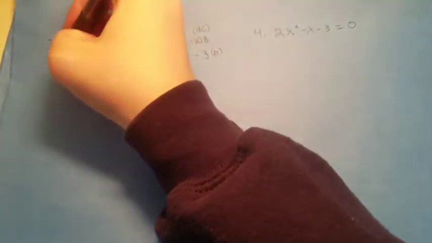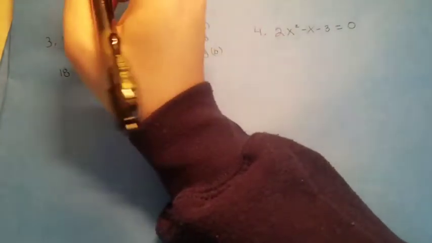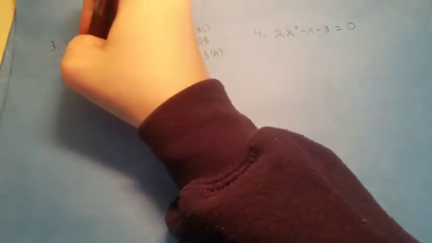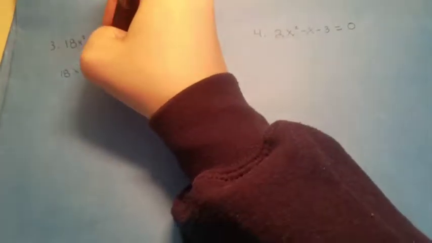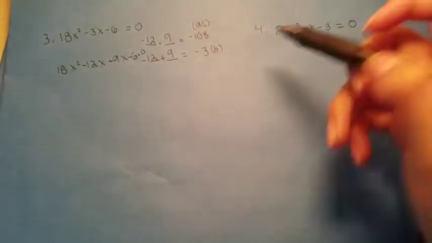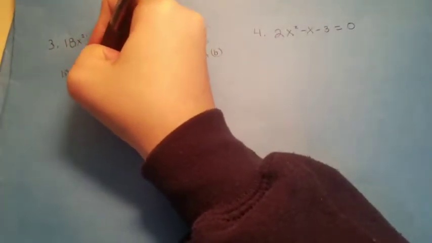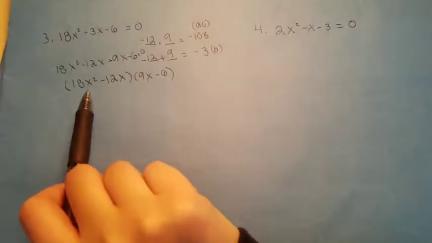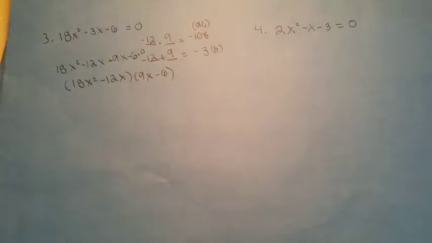So then you replace it. So 18x squared minus 12x plus 9x minus 6 equals 0. Okay, that's it right there. And then you just pair them up. Practically, you just find common factors that each number has from each parentheses. 3.